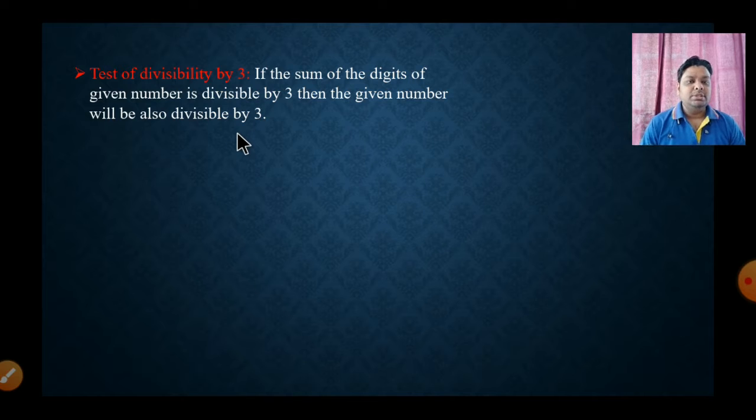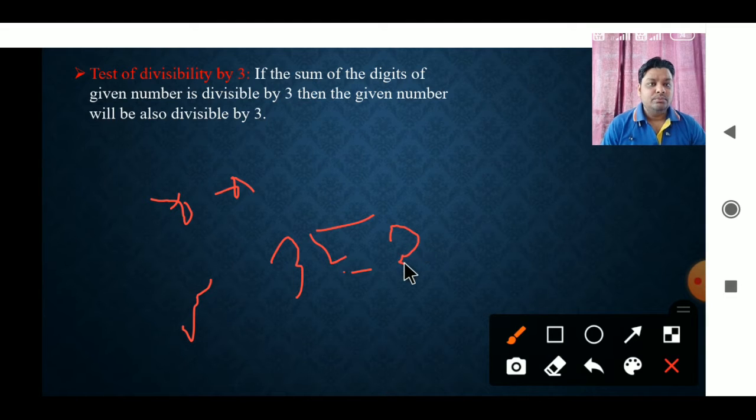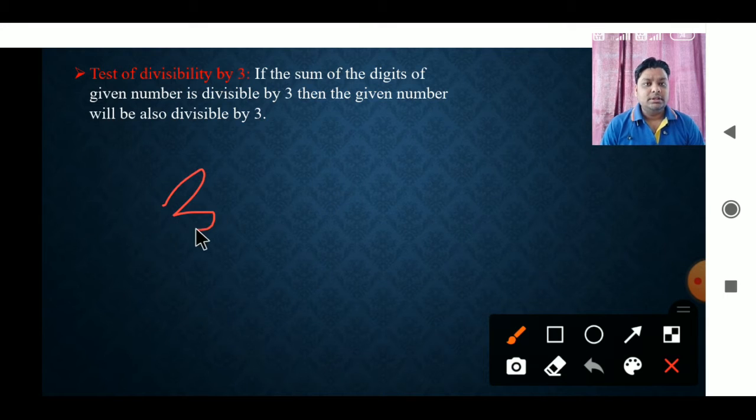It means if we write any number, say 352, again you can see here 3, 5 and 2.